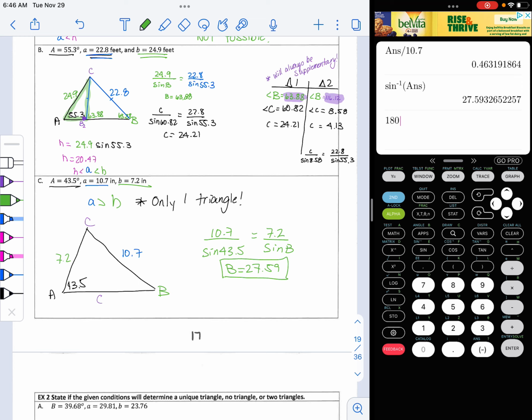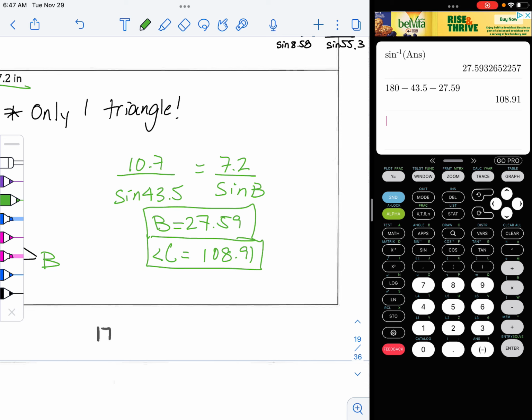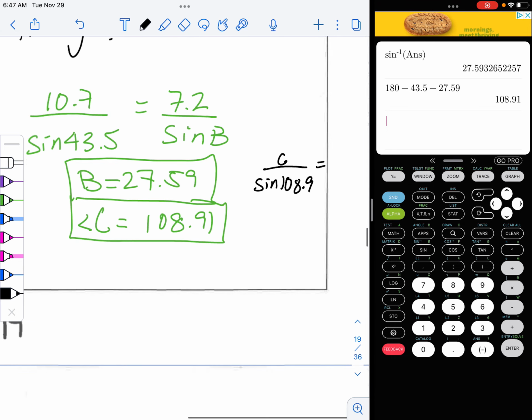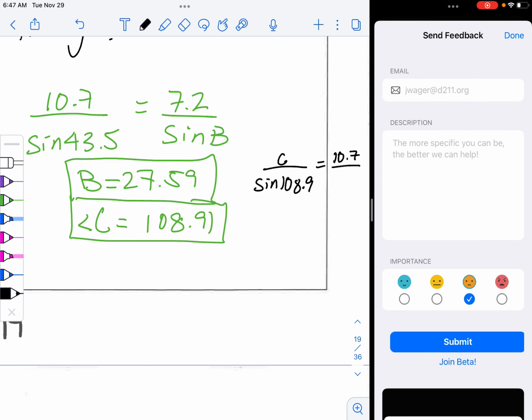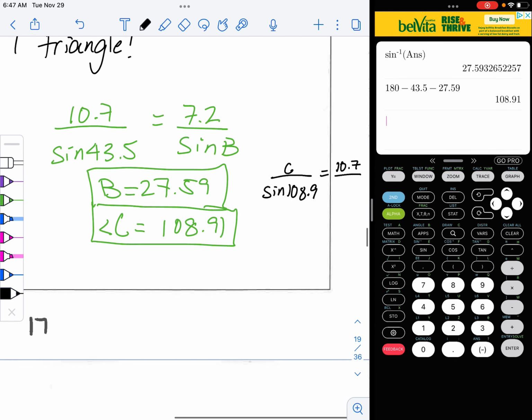To find angle C, take 180, subtract the angles that we know. I get angle C to come out at 108.91. And last but not least, we would do my side C. So I'd have side C over the sine of that big angle, 108.91, and that is equal to 10.7 over the sine of 43.5.